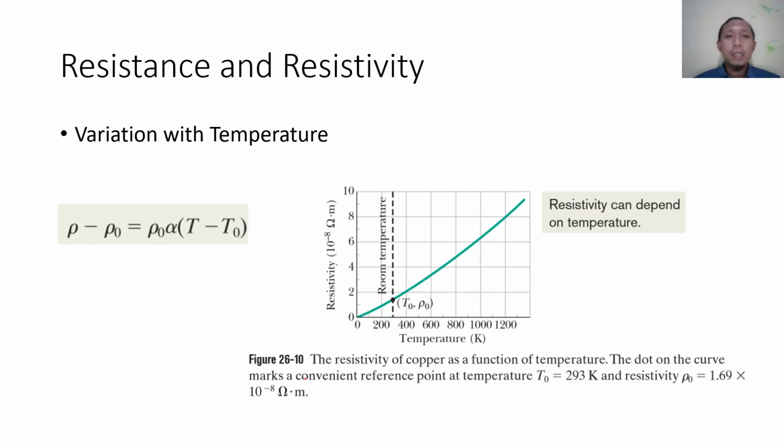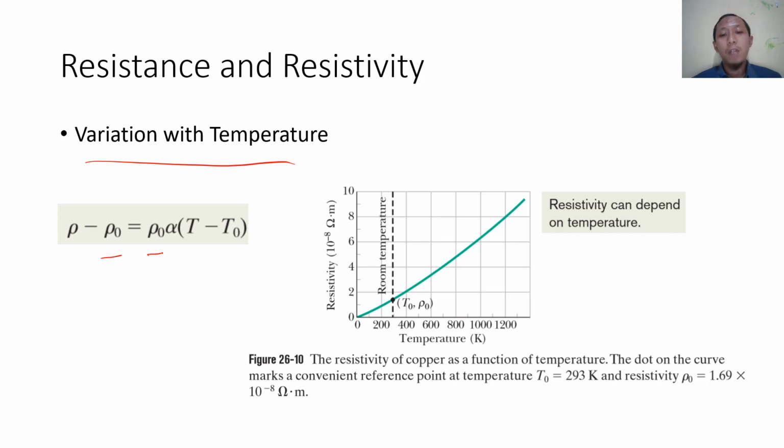Okay, and then resistance and resistivity have a variation with temperature like this one. So ρ0 is the resistivity at 293 Kelvin, and ρ is the resistivity at that temperature, and then we can call α and T minus T0. We can know the resistivity at any temperature.